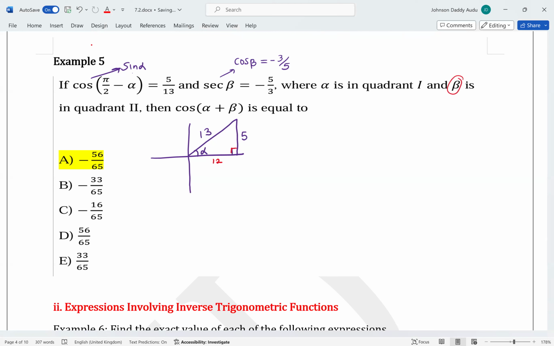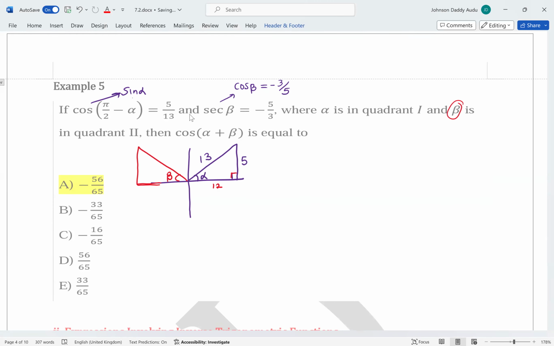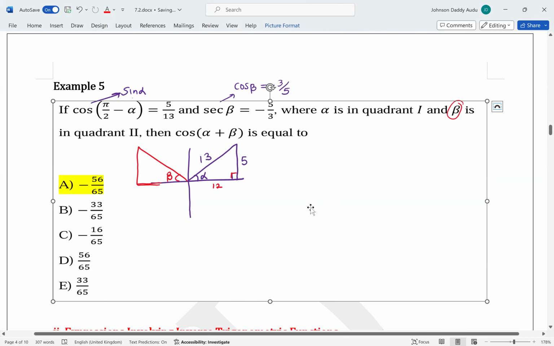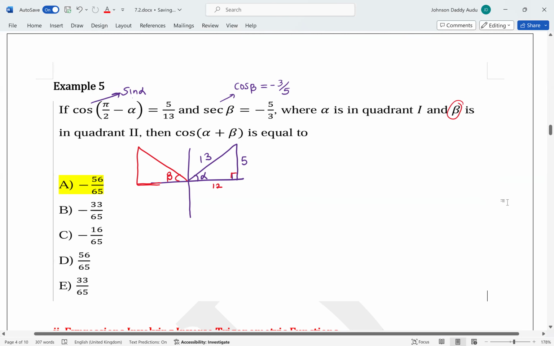Also, we have beta. Beta is in what? Beta is in the second quadrant. So beta should be somewhere here. And what do we know about beta? We know that sec beta is minus 5/3, so cosine is minus 3/5.